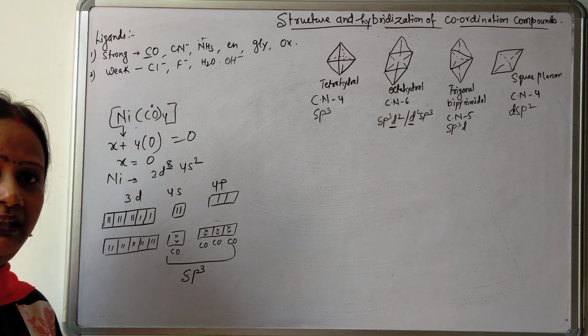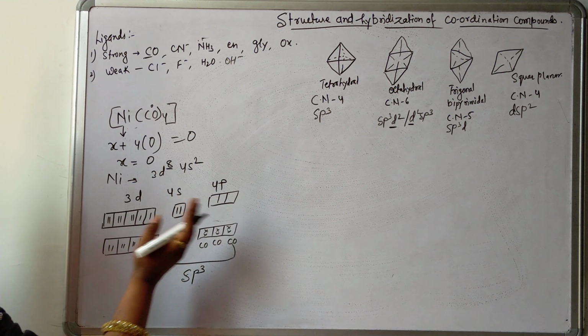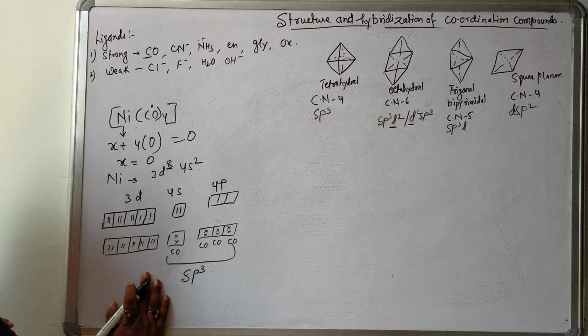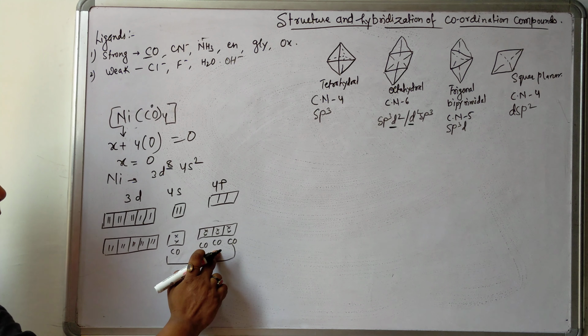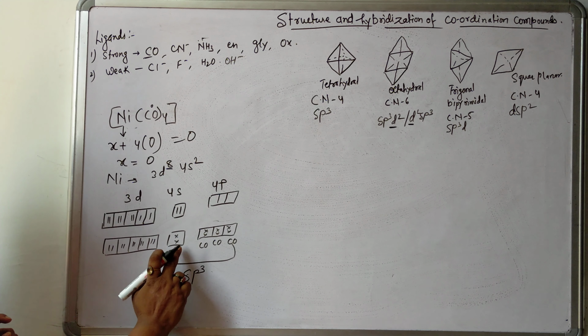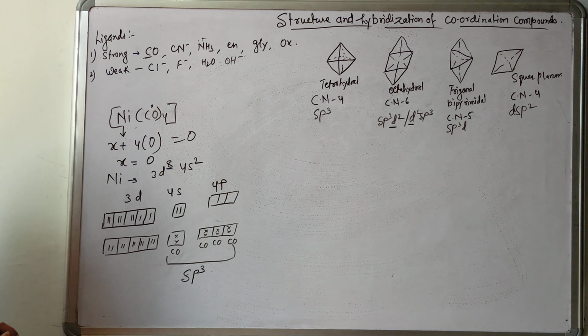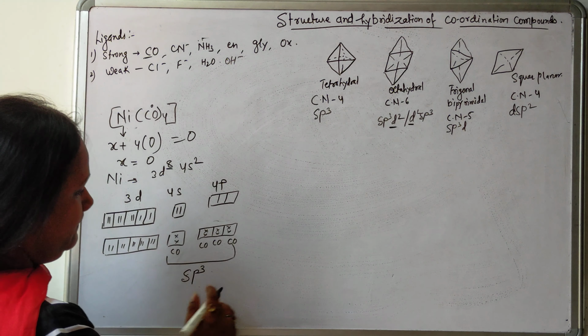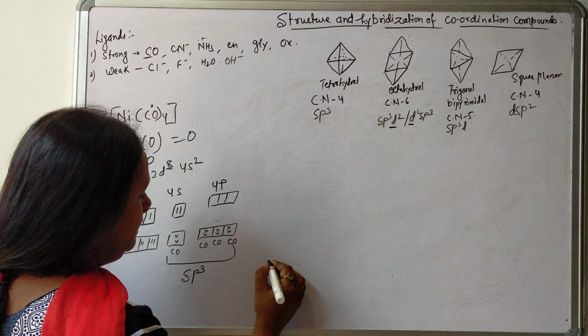This is against Hund's rule. Electrons are pushed back into the 3d orbital to get the stable configuration, and the ligand's electrons are filled into the s orbital and the p orbital. So the hybridization is sp3 and the structure is tetrahedral.